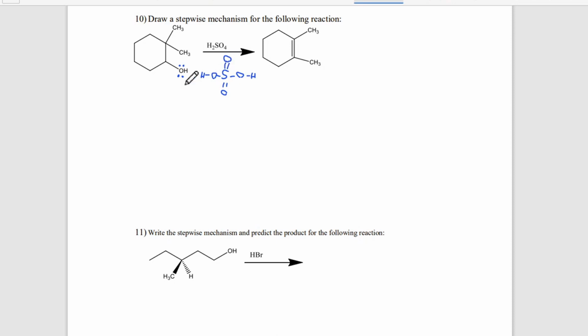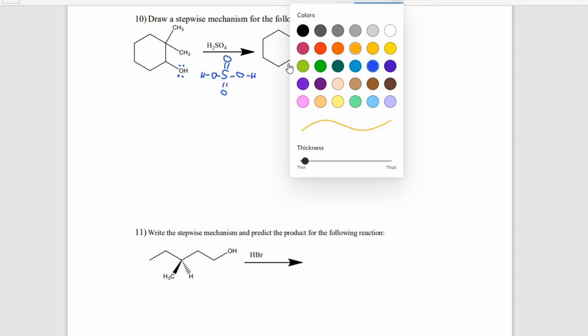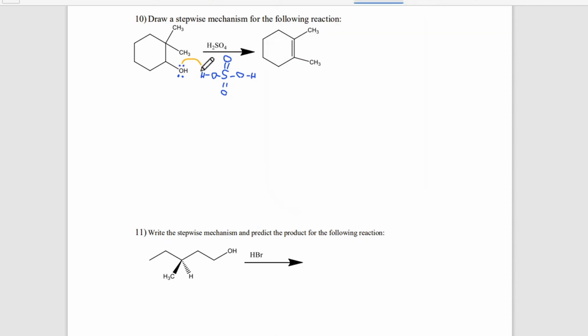All right, so this then, change my color for the mechanism arrows. Just going to grab the hydrogen here, and that's going to put those on here.